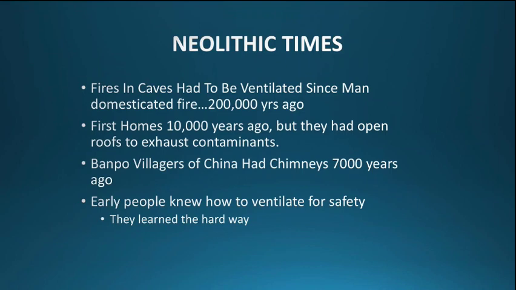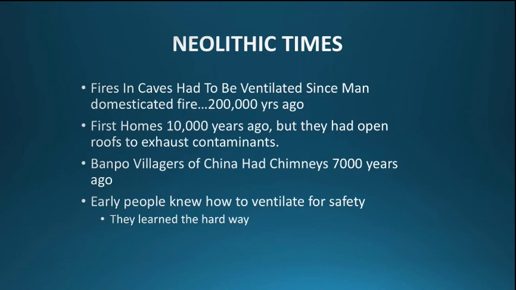The first homes, as we might think of them, actual structures that were intended to be built for people to be in, were 10 to 12,000 years ago. They didn't actually have closed roofs in the way we think about them, because they all had fires inside of them, or many had fires inside of them.